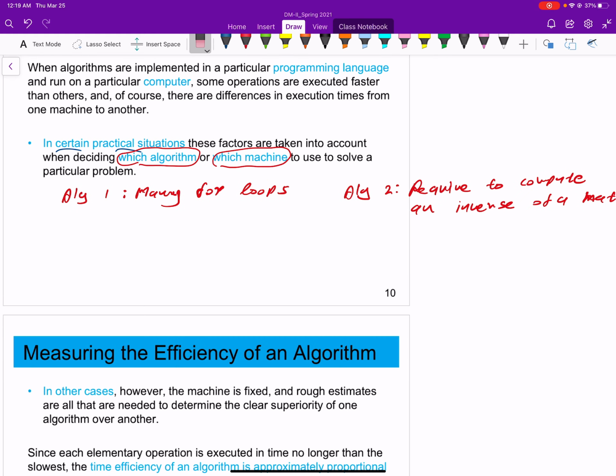So these are the two algorithms you have. You have two machines. This is machine 1. Machine 1 has more memory.